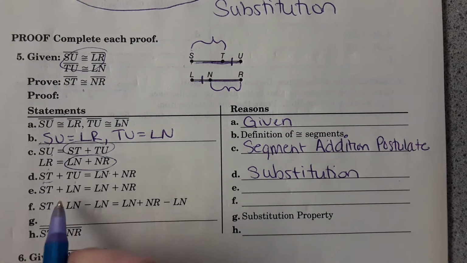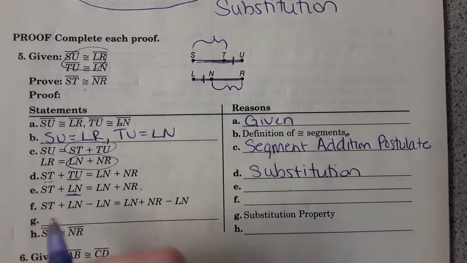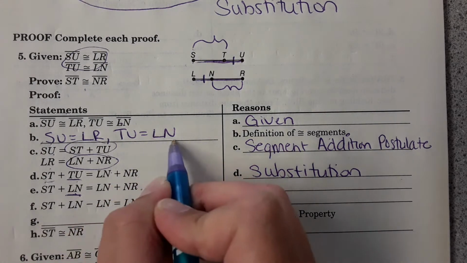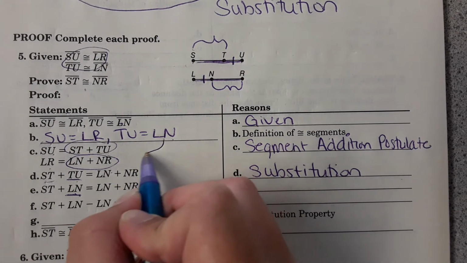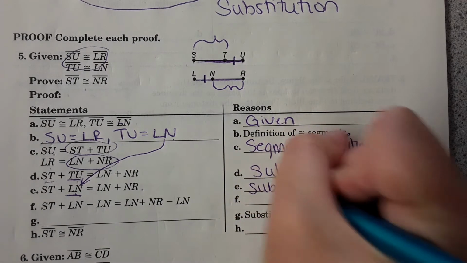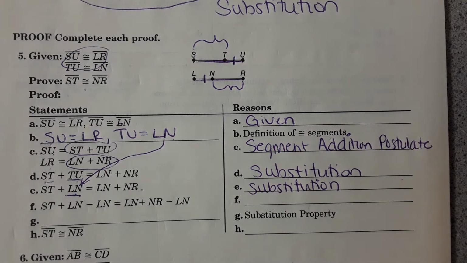Then for E, they repeat this whole thing again, but the one difference is they replaced TU with LN. The reason why is TU equals LN, so they put this here. So again, substitution. And when you're answering problems on this, you aren't pulling these words out of thin air. It's like an answer bank. You're dragging and dropping.